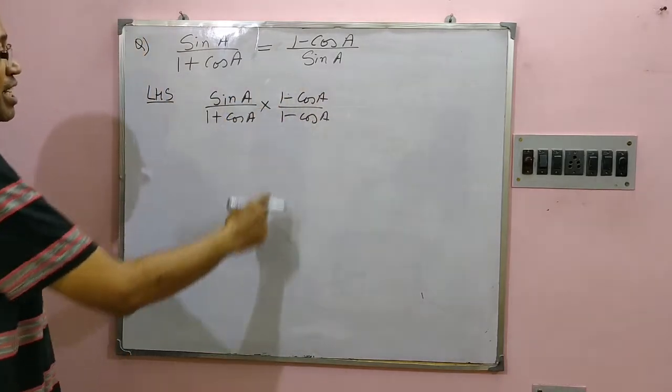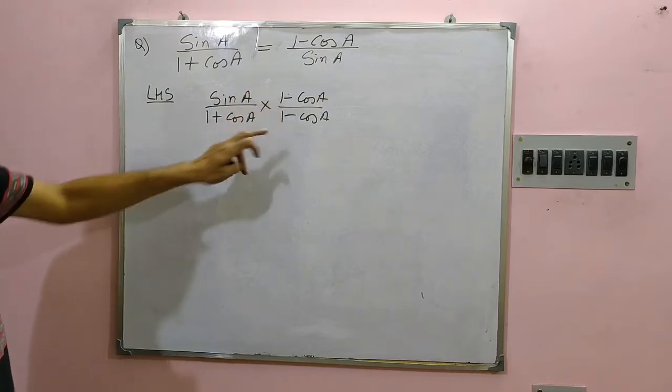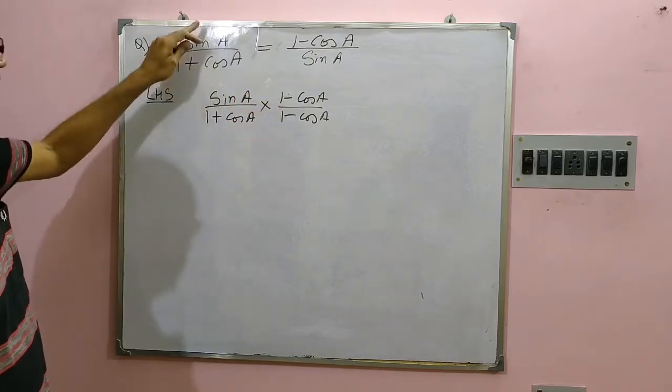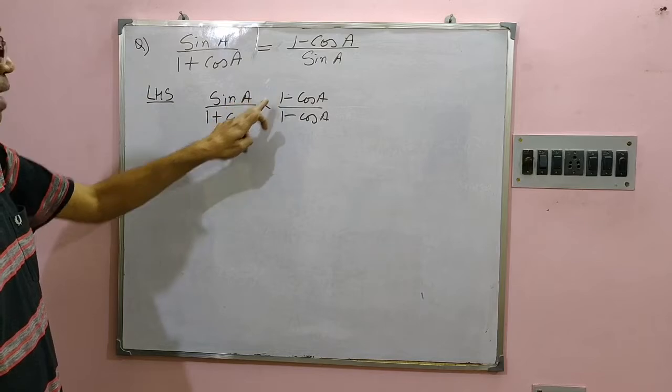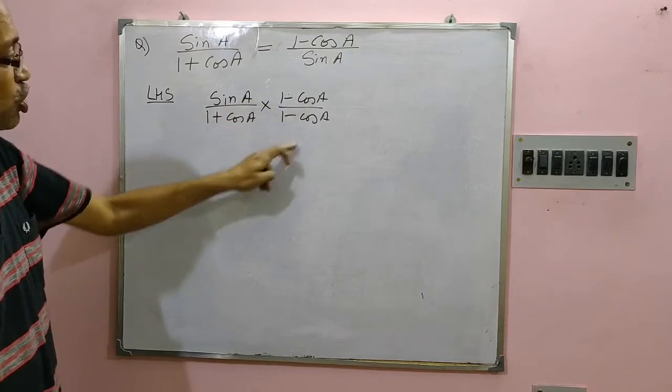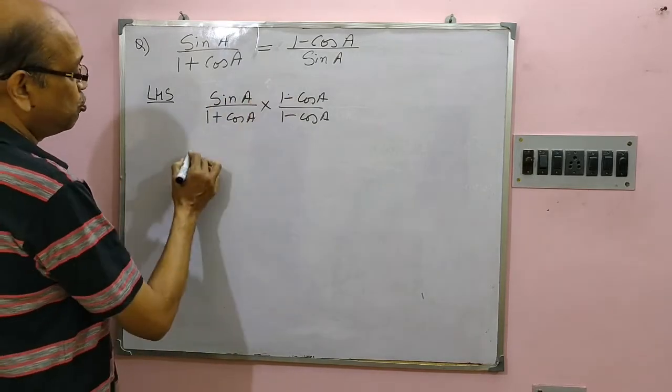On the numerator, multiply and divide by 1 minus cos A. Clear? I have written this, multiply by 1 minus cos A on both the numerator and denominator.